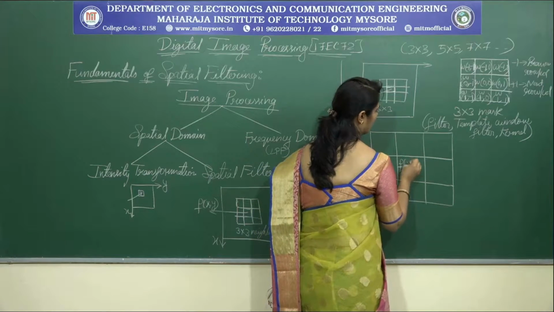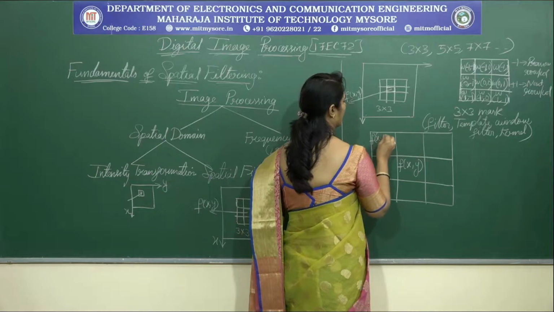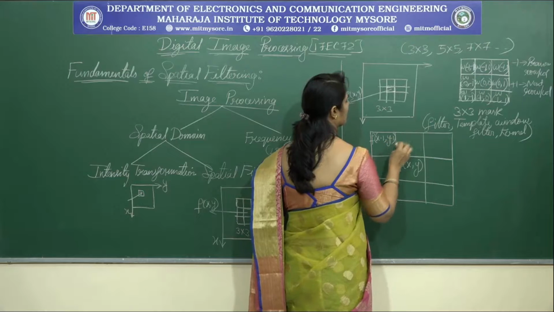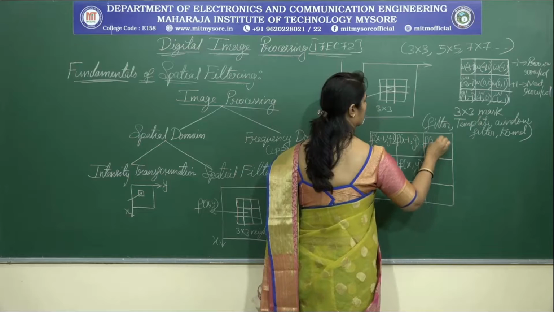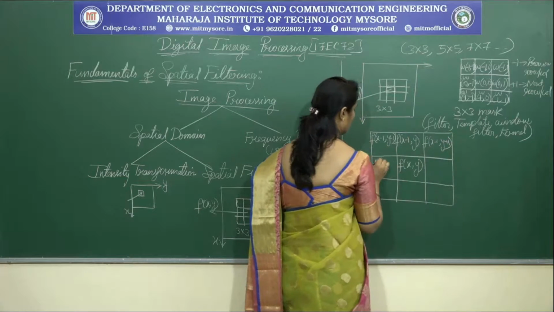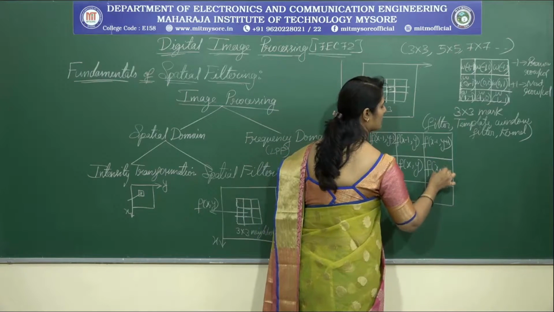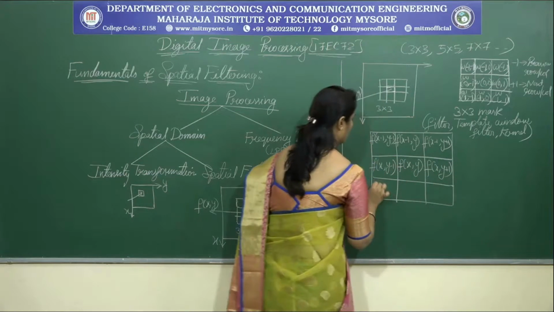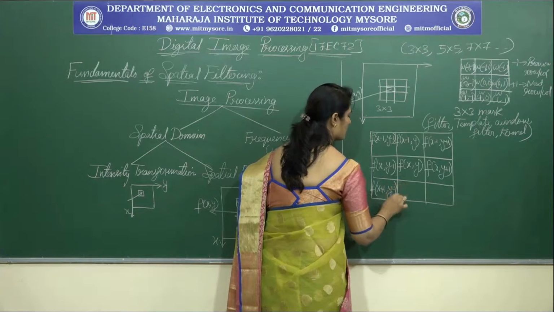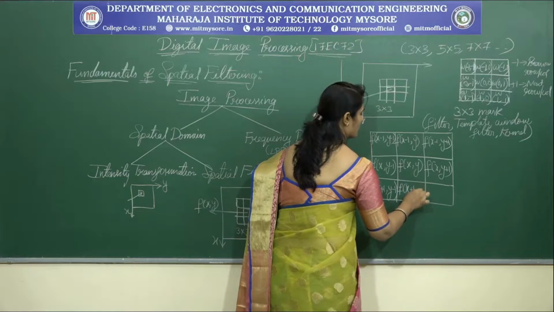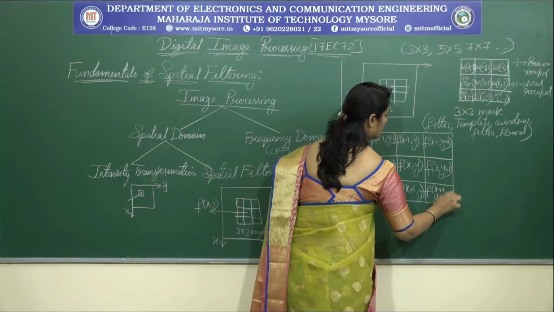So this is f of x comma y. This is f of x minus 1, y minus 1, f of x minus 1, y, f of x minus 1, y plus 1, f of x, y minus 1, f of x, y plus 1, f of x plus 1, y minus 1, f of x plus 1, y, f of x plus 1, y plus 1.